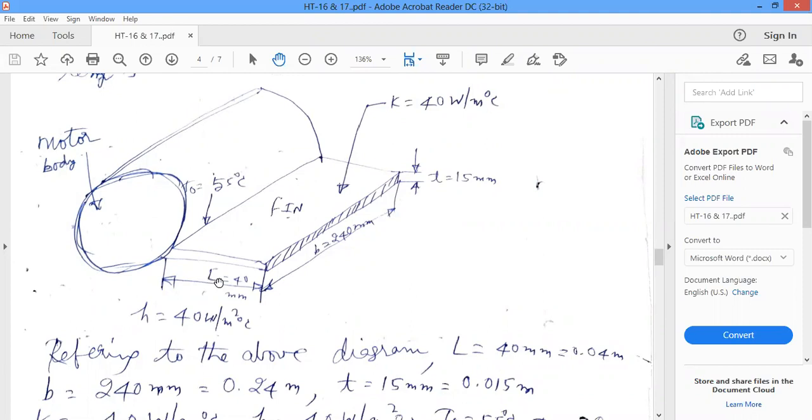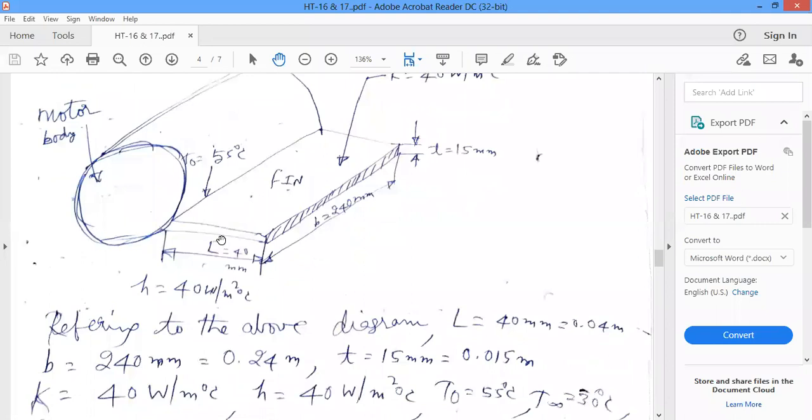So here the cross sectional area, width B is 240 mm, thickness 15 mm. Cross sectional area of the pin is 240 into 15 mm. When compared with the width, the length is short, 40 mm only. Width of the pin is 240 mm and length of the pin is 40 mm.